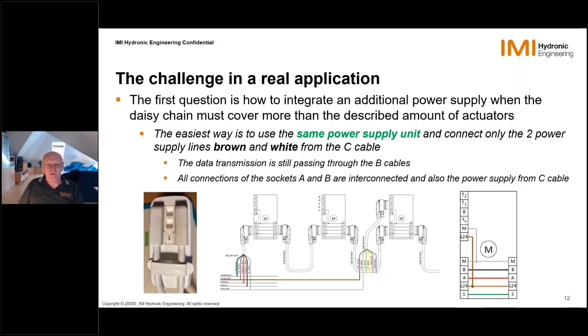So you have to keep in mind that at least the first and the third plug are totally interconnected, and only the M and the L24 from the C cable is connected to these lines here. So it's important to know how this is working in practice, because then it's easier to find special solutions.